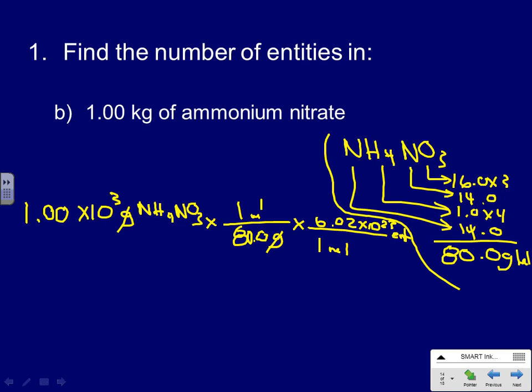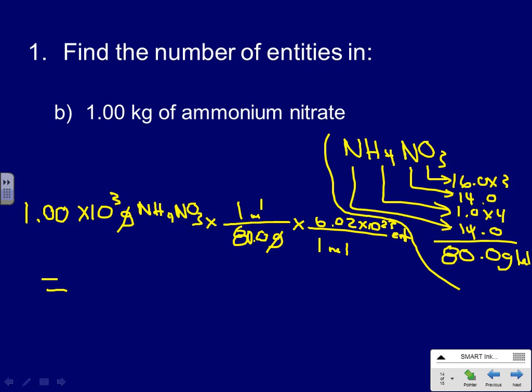Now, our calculator abilities. 1.00 times, or EXP 3 divided by 80 times 6.02 EXP 23. Again, we could get an estimation, 3 and 3, 26, divided by 1, 25, so approximately 25, I would think.